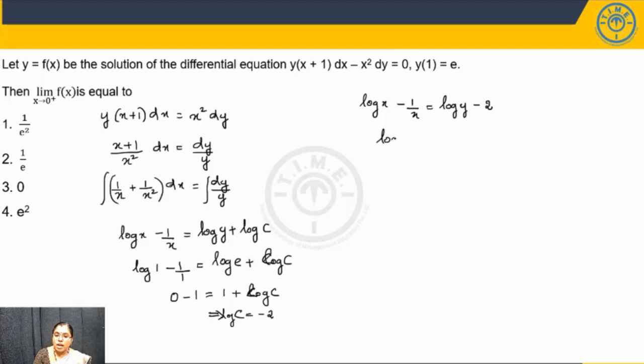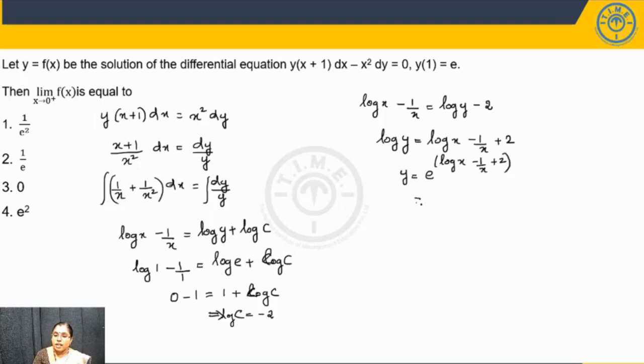So log y equal to, taking the negative to the left hand side, log x minus 1/x plus 2. Now just to make this y, let's take e to the power on both sides. e raised to log gets cancelled and we get y equal to e raised to this whole expression, that is log x minus 1/x plus 2.